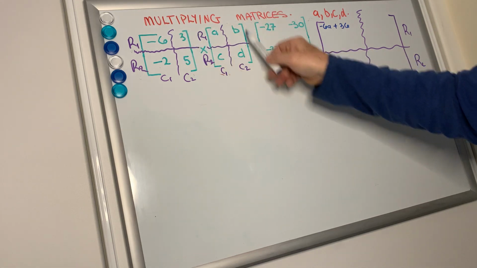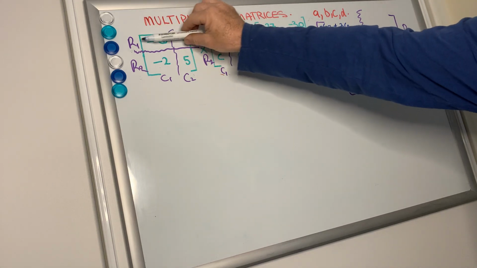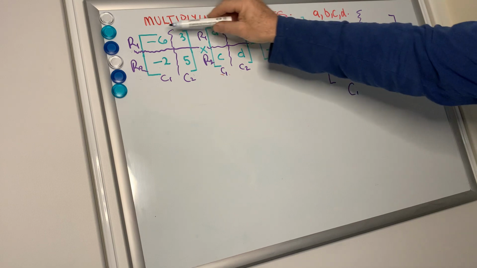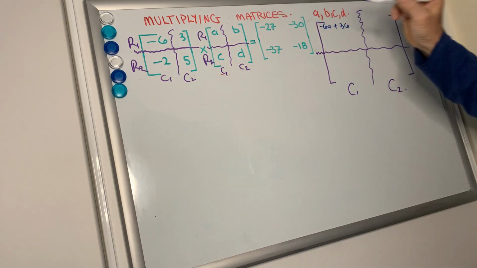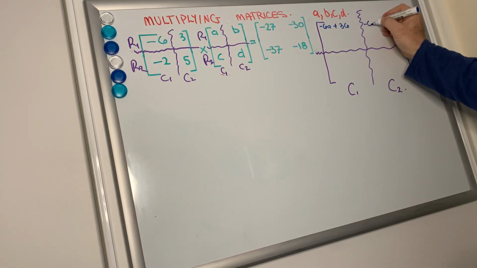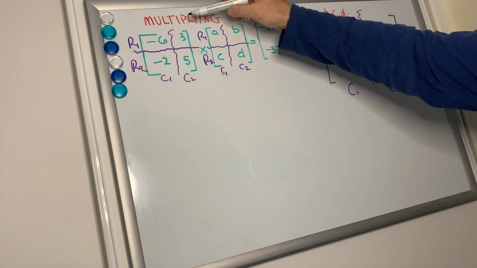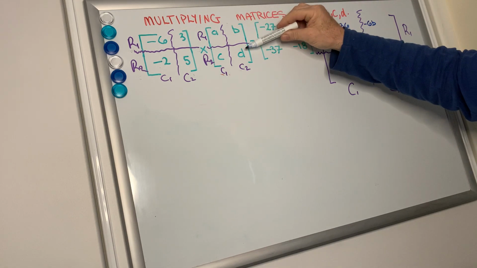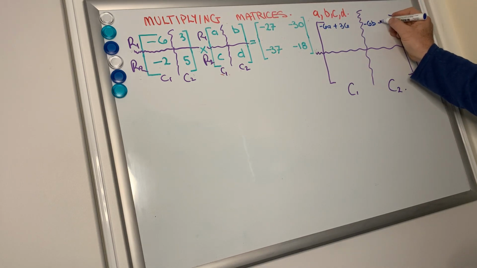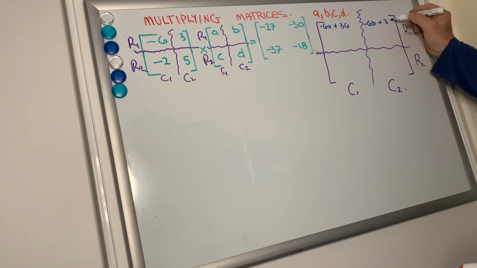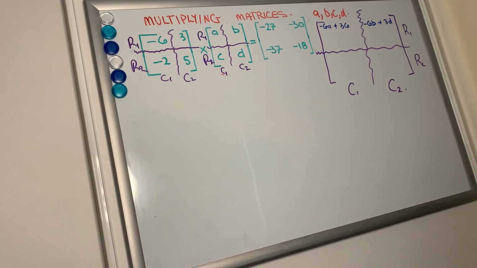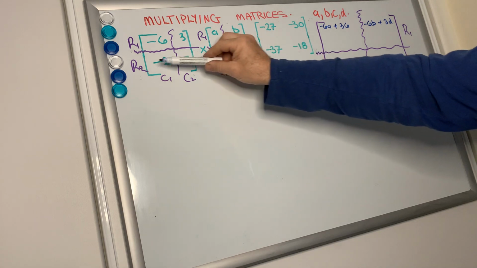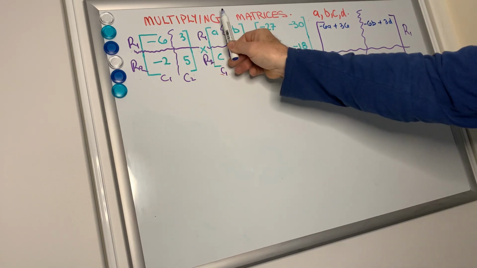Row 1 and column 2. So minus 6 times B is minus 6B. Then plus 3 times D, plus 3D. Okay. Then the next one, row 2, then column 1.